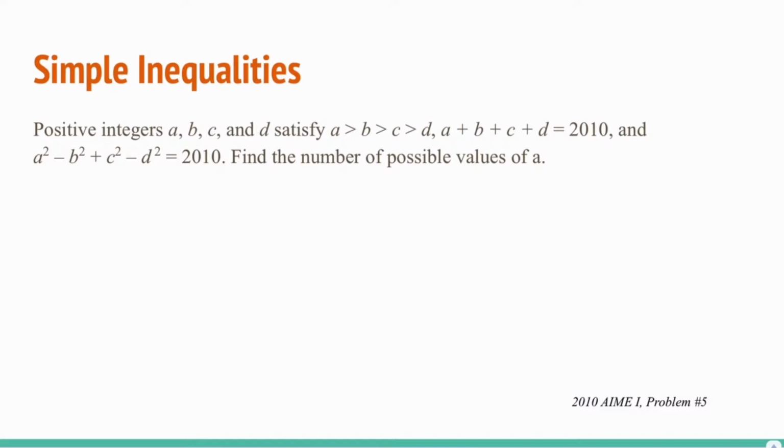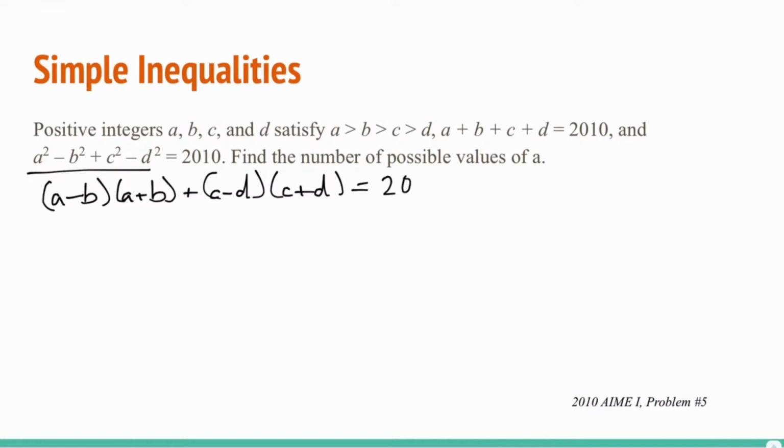To start, let's simplify this equation. We get that this equals (a - b)(a + b) + (c - d)(c + d), which equals 2010. But the sum is also equal to 2010, so these two are equal.